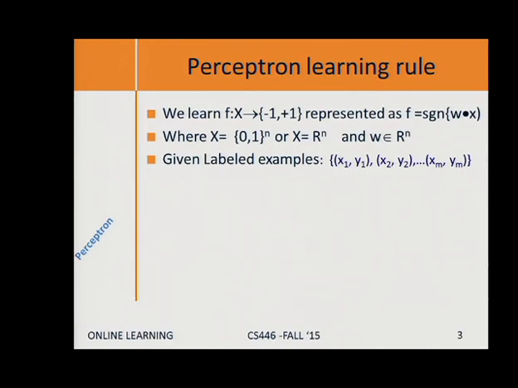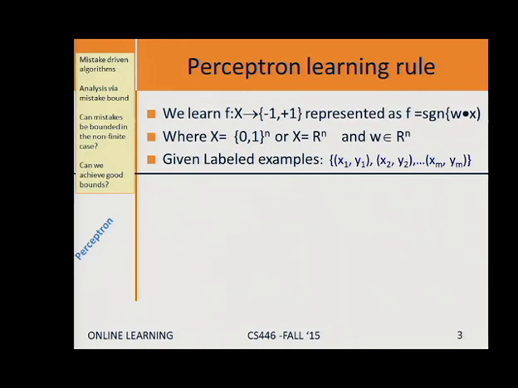We're going to think about it as an online learning algorithm where we try to learn a function that maps x to plus or minus 1. X could be either Boolean vectors or real-valued vectors. We're going to learn a real-valued weight vector, and we're going to be given a sequence of examples, x1, y1, x2, y2, and so on.